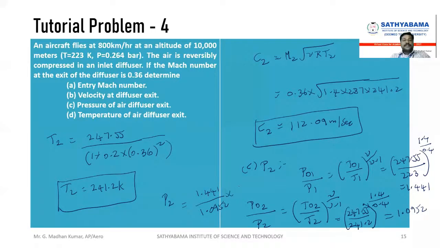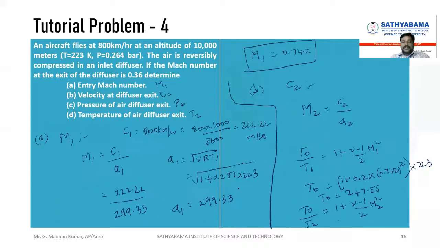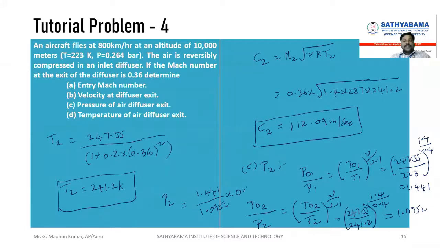P1 is 0.265 and the value of P2 is 0.347. The process of a diffuser is that you have to increase the pressure. So the pressure at the exit of the diffuser is increased. Right? It was 0.347.